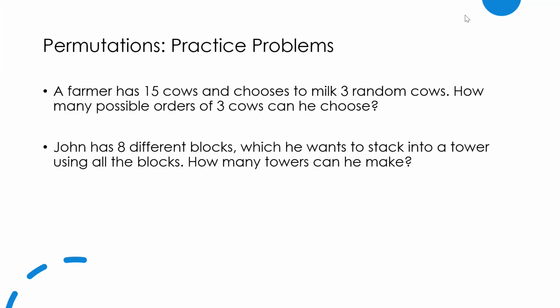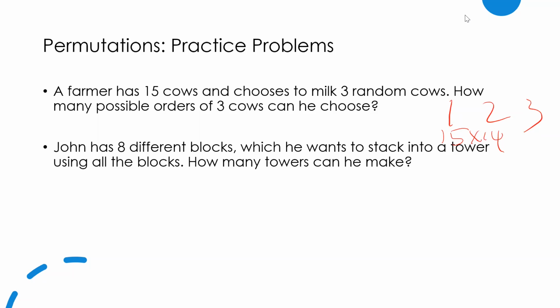So here, what we do is we set up 3 positions: 1, 2, and 3. For the first position, we can have 15 cows to choose from, so we just write in 15. For the second position, we only have 14 cows to choose from since we already used one in position 1, so times 14.